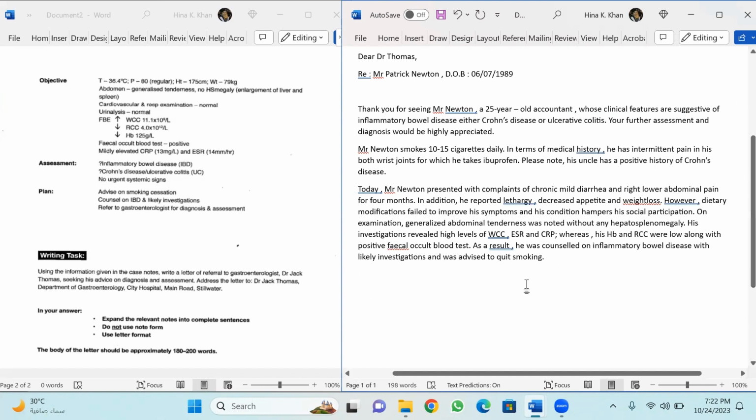You can write it simple like this also, or you can write, okay, given the above finding, yeah, in view of the above, your further management would be highly valued. You can write this also because you have written everything precisely and clearly over here.